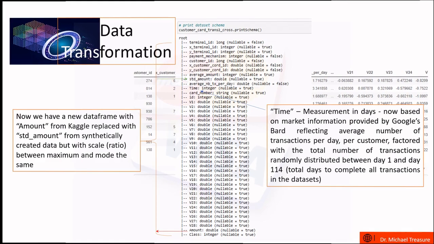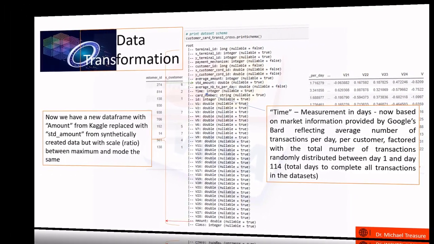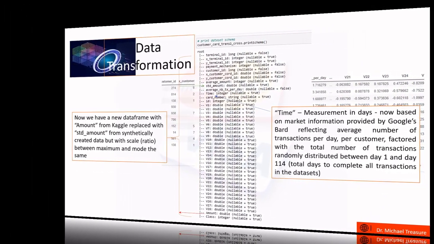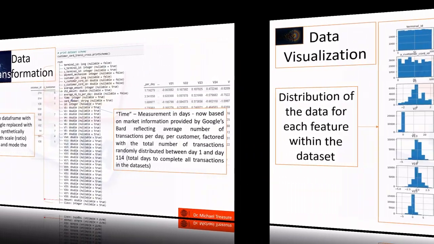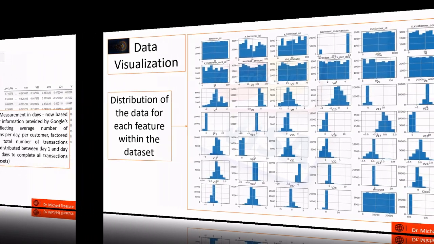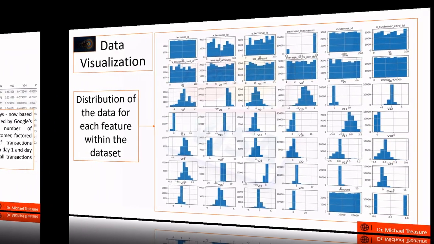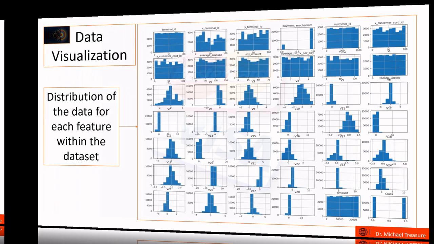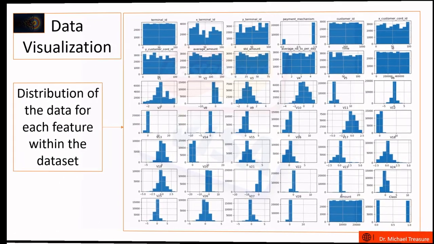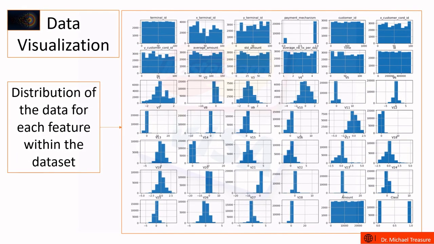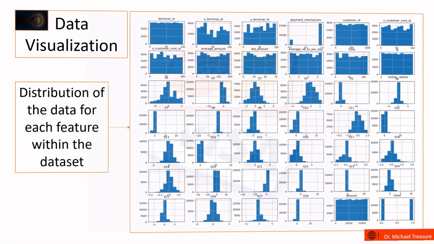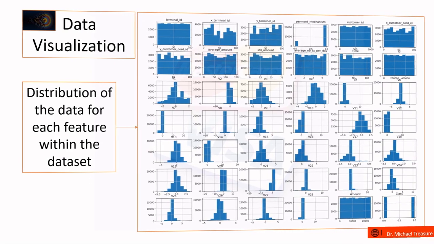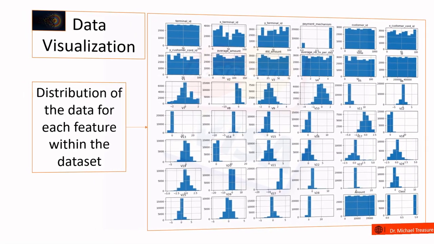Based on the information we use from Google's Bard, we now have a basis for time, reflecting how long the 550,000 transactions would take if we had only 1,000 customers performing the transactions based on our calculated average transactions per day per customer. Now that we have done the prepping of our data, we can visualize the data.